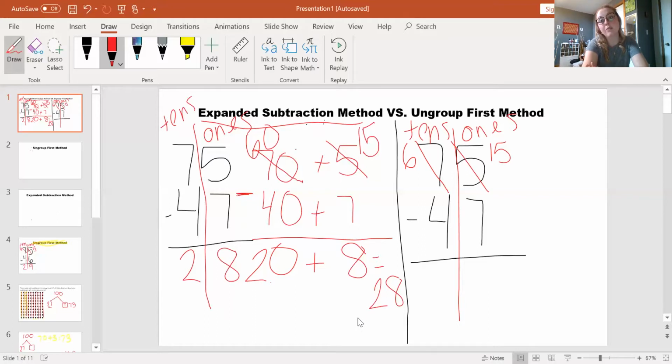And now we can subtract. 15 minus 7, well, using our doubles and what we know, 7 plus 7 is 14, 7 plus 8 would be 15. So 15 minus 7 is 8. And 6 minus 4 is 2. There we go. That is the expanded subtraction method and the ungrouped first method.